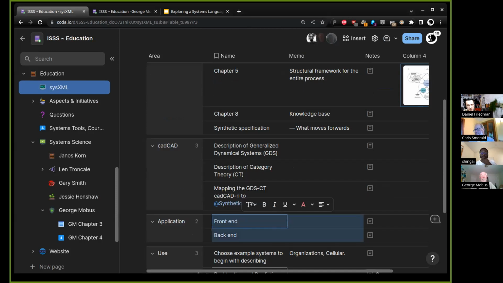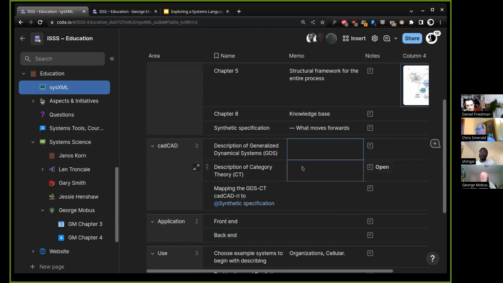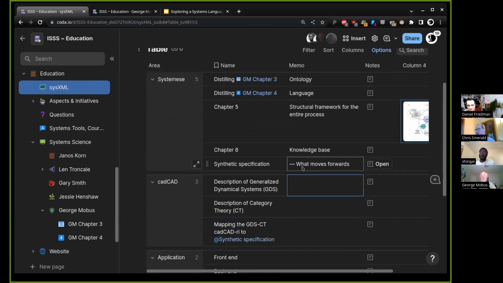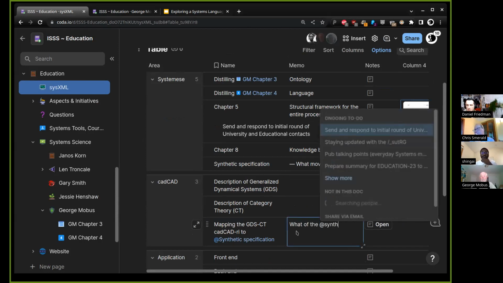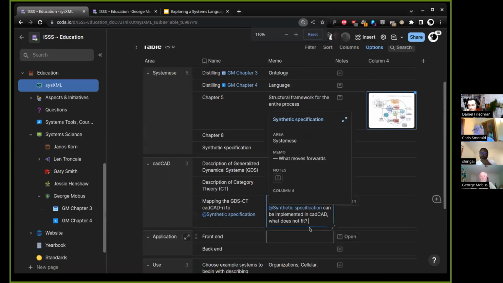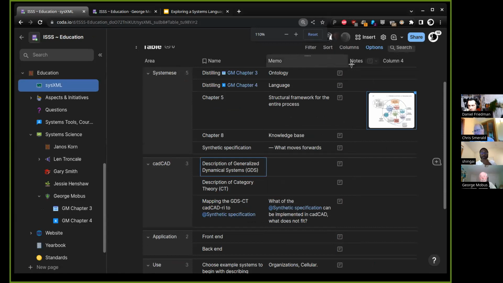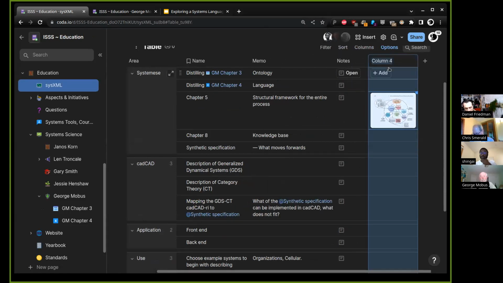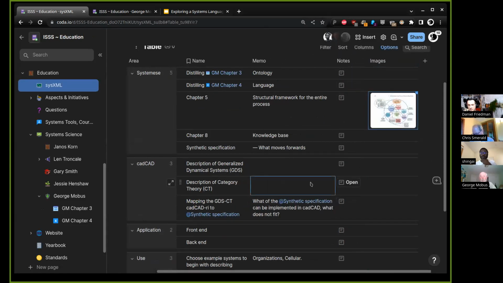Chris? I'm always a big favor of looking for things that don't fit, that don't work well, because that's science too. Yeah, I think this is all great. Can you explain what you mean by what does not fit?